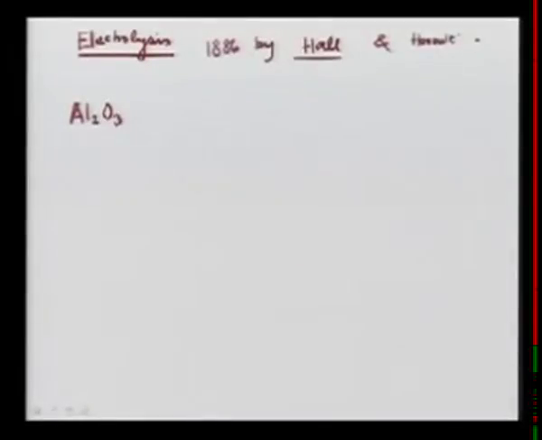The point was that Al2O3 can be dissolved in a compound we call cryolite. It can be dissolved in cryolite. And what is cryolite really? AlF3.3NaF.